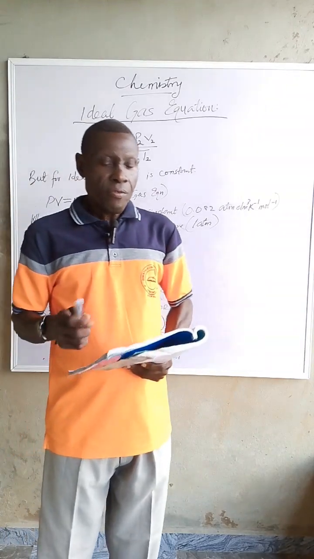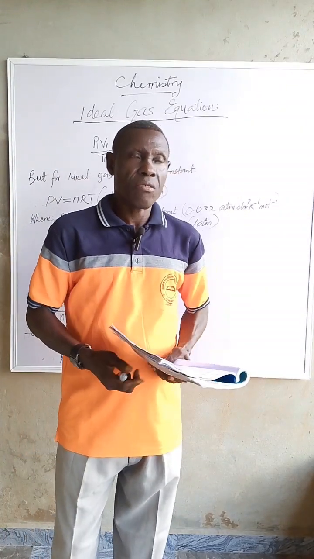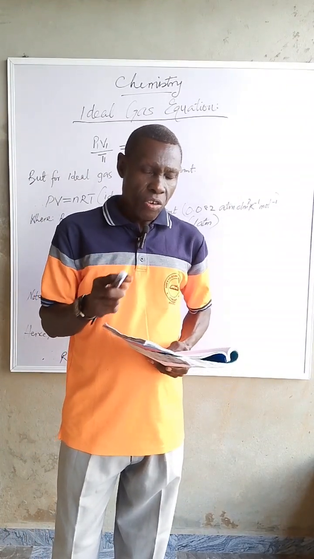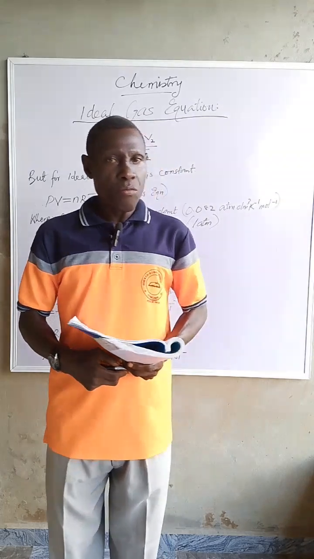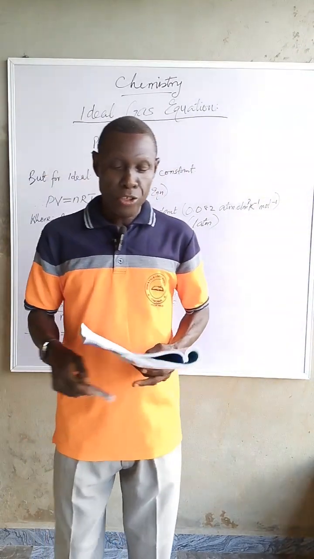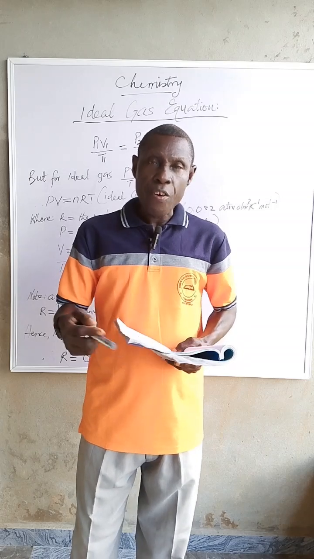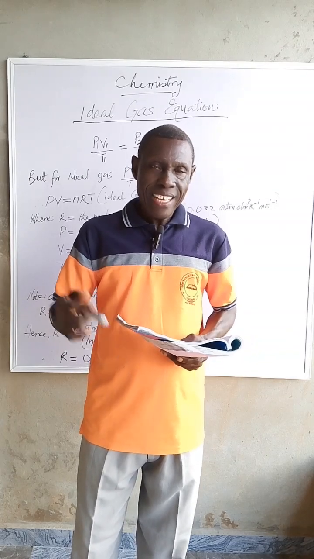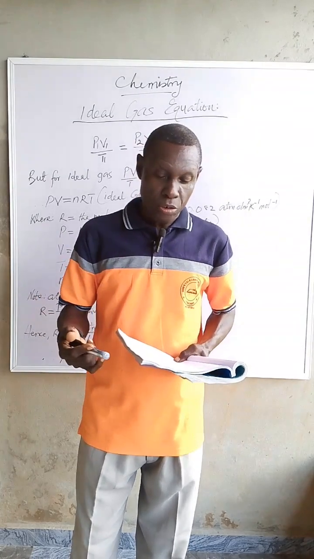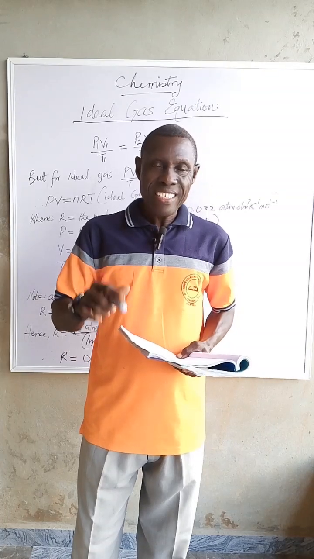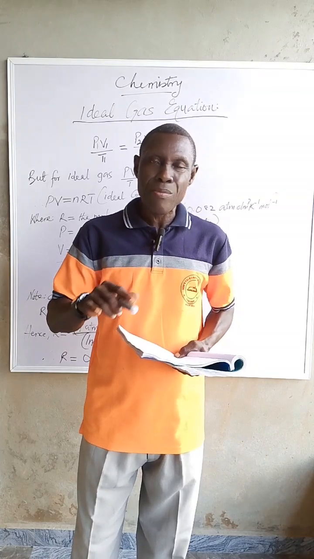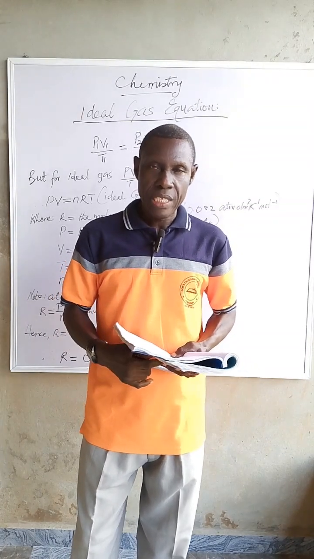But for the ideal gas equation, it is the product of the pressure and volume divided by the temperature, which is a constant, and the volumes of all gases at the same temperature and pressure contain the same number of molecules.